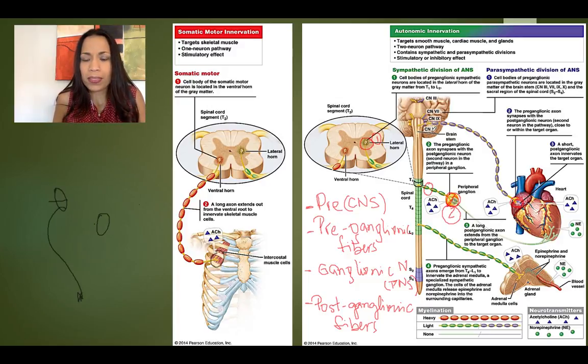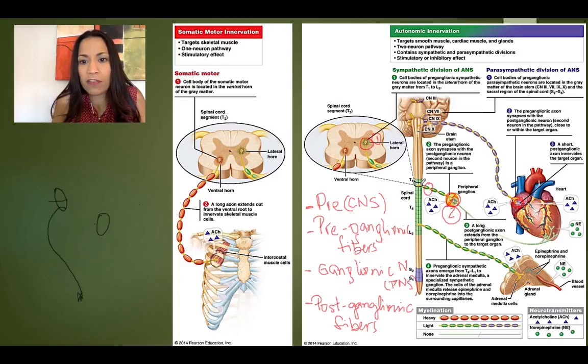Now, one important difference in here. As you can see, and I told you before, the motor fibers in the somatic nervous system are heavily myelinated. They're thick myelinated axons. Remember, the myelin speeds the action potential, right? So the information travels from here to here in less than 1 nanosecond, okay? Look at the axons in here.